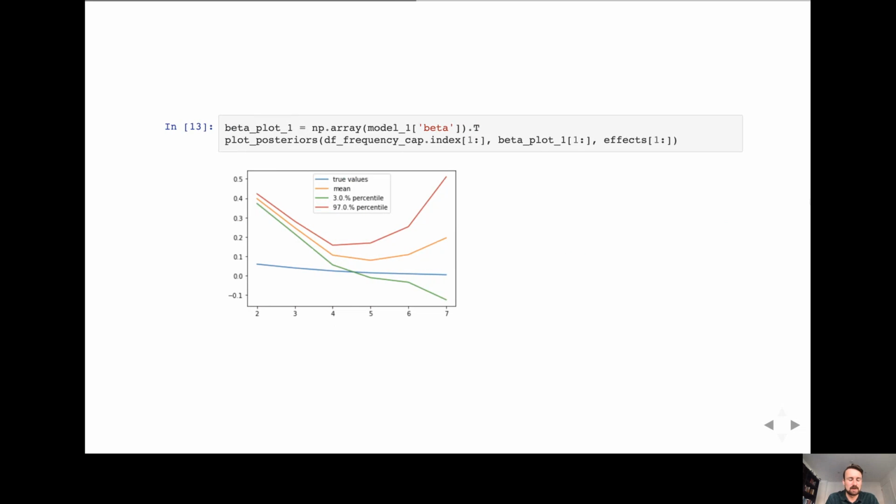However, if we plot this data against our true values, we can see that these numbers are not correct. This is the case because we use the logistic link function. And to be able to do this kind of analysis, we actually do not want to have a non-linear relationship. So we need to change this to make sure that we have a linear relationship.